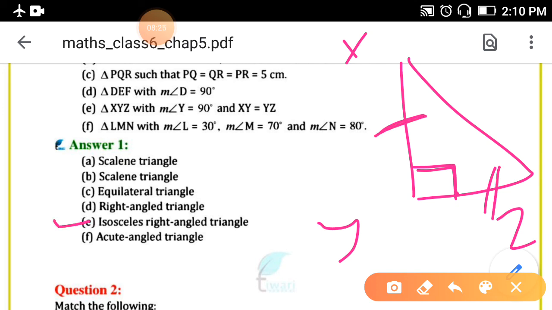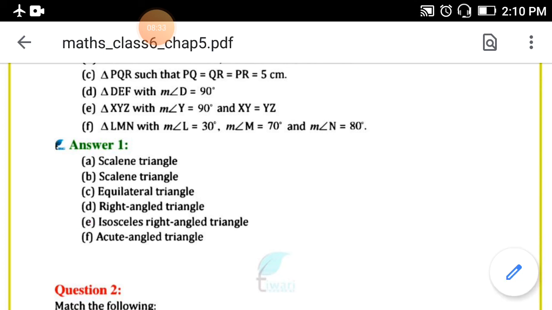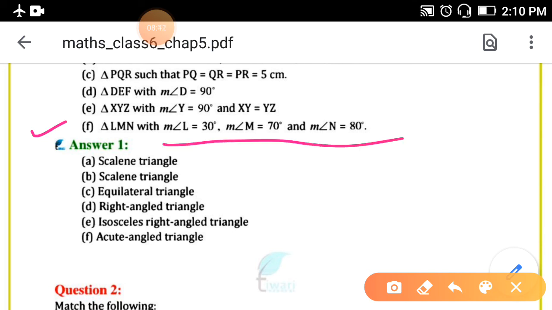So we can give the name isosceles triangle, but that is also right angle. So isosceles right angle triangle. F: triangle LMN, and the measurement of all three angles is less than 90 degrees. So it is an acute angle triangle.